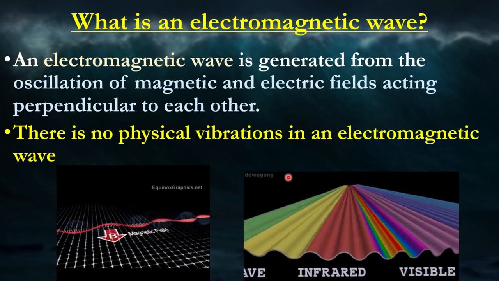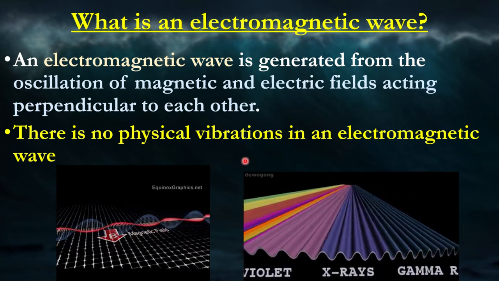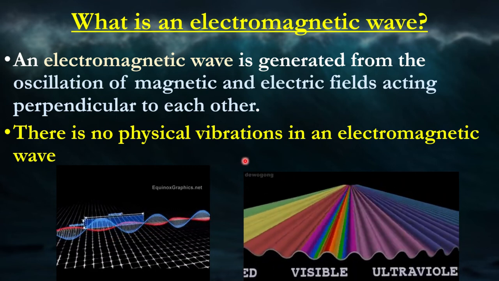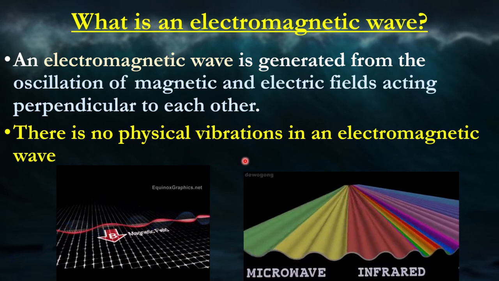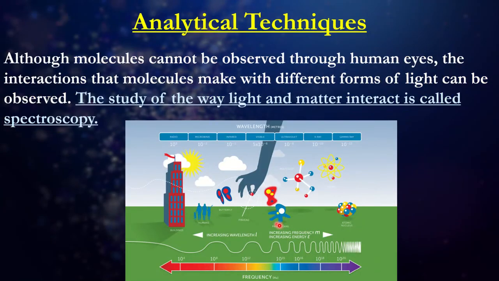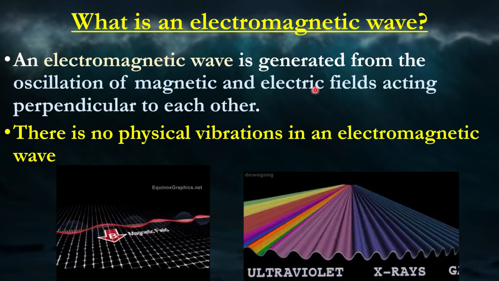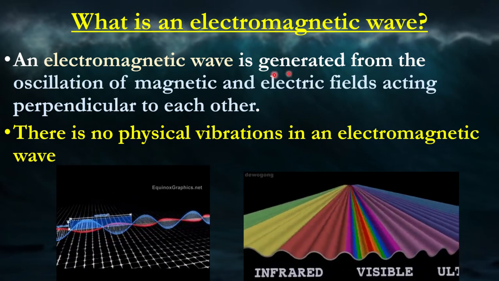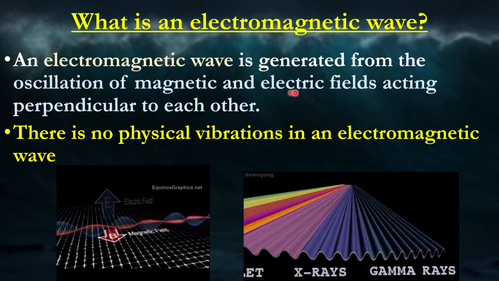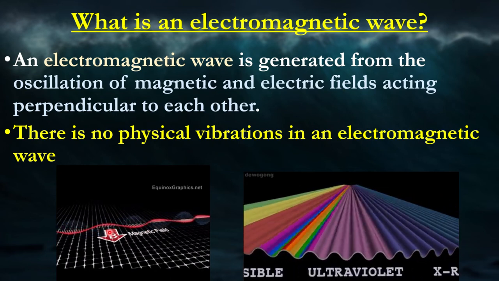Before we go on, just a little bit of physics implemented here, but what are electromagnetic waves? Everything you see here, any form of light, UV, visible, they are all electromagnetic waves. An electromagnetic wave is an oscillation of electric and magnetic fields acting perpendicular to each other.